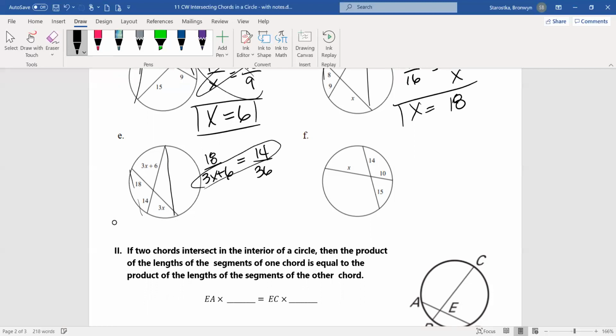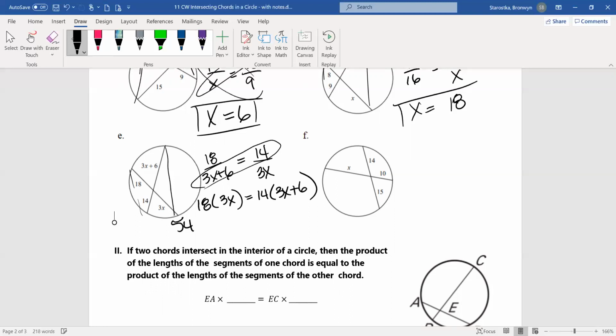When you do the cross product, oops, that's not 33, 3. When you do the cross product, you need to remember to distribute. So we're going to have 18 times 3x equals 14 times 3x plus 6.